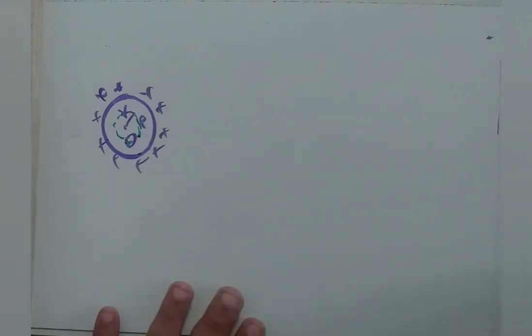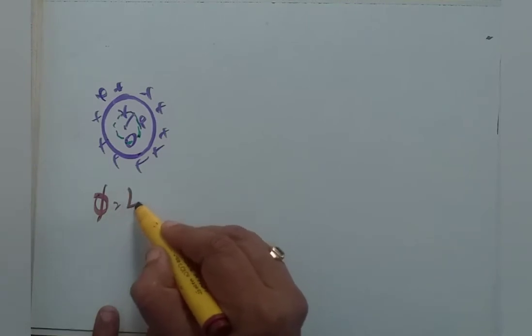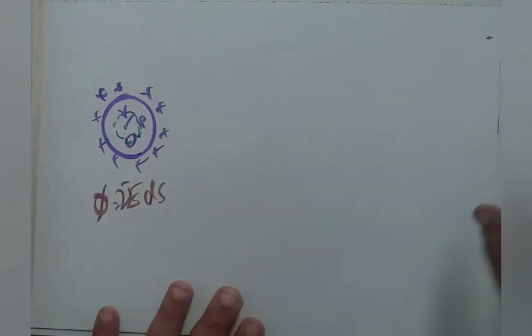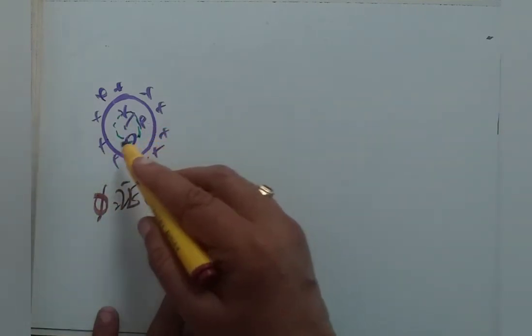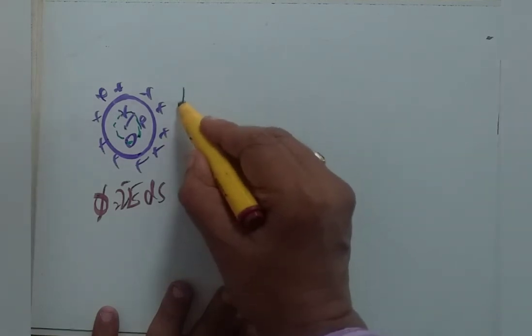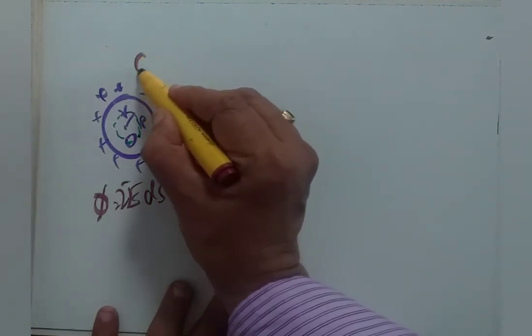The flux through this is to be calculated. We write flux phi equals sigma E ds. But observe, there is no charge inside, so no flux inside. We can straight away take Gauss's law.